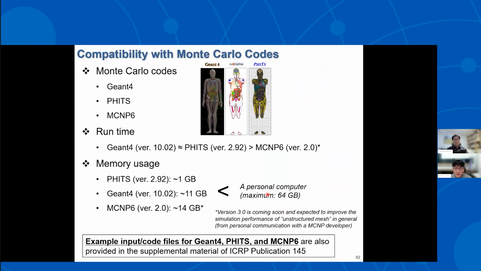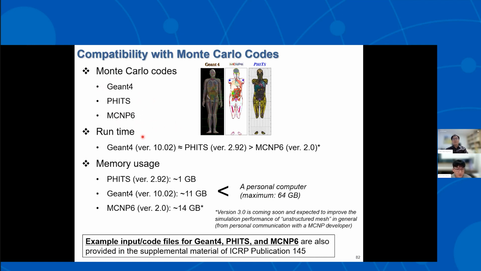Next, I will briefly talk about the compatibility with Monte Carlo codes. Three well-known general-purpose Monte Carlo codes, Geant4, PHITS, and MCNP6, can handle tetrahedral mesh geometry. So we observed the runtime and memory use for the three Monte Carlo codes under various simulation conditions.